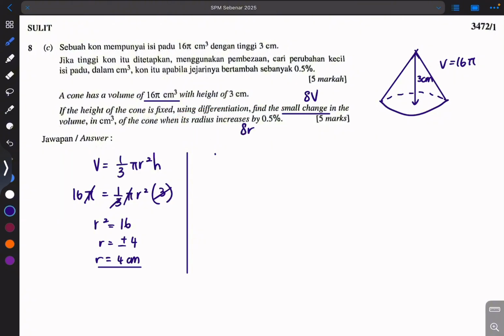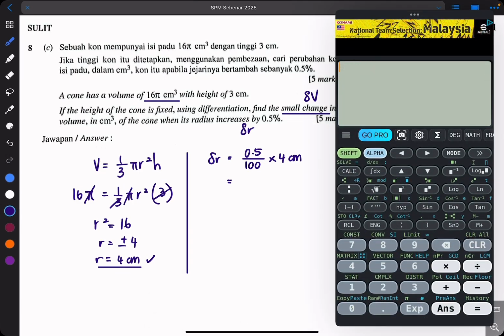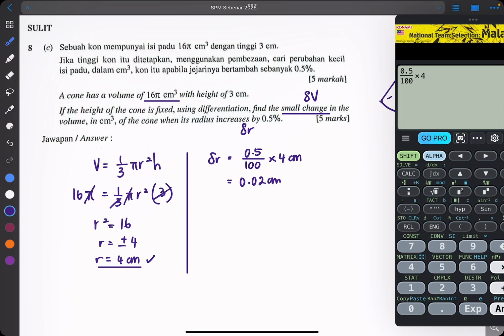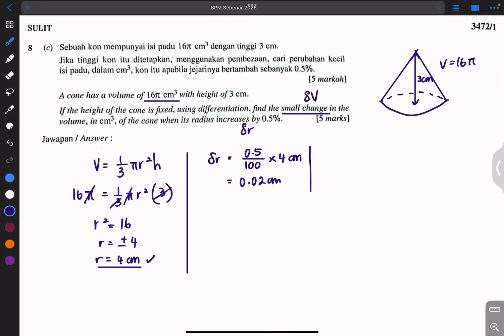So our delta R would be 0.5% of this radius of 4 cm. So 0.5% times 4, we get 0.02 cm. So the radius changes by 0.02.